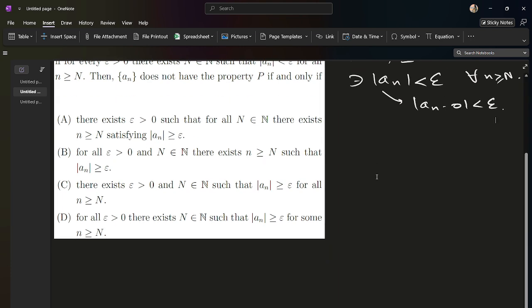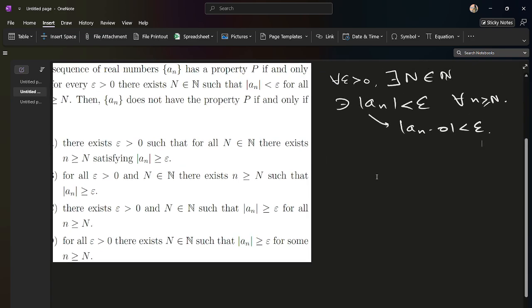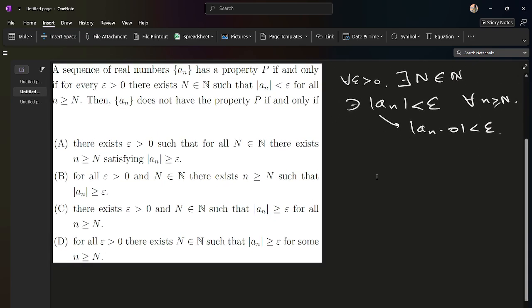Now we are going to understand the negation here.